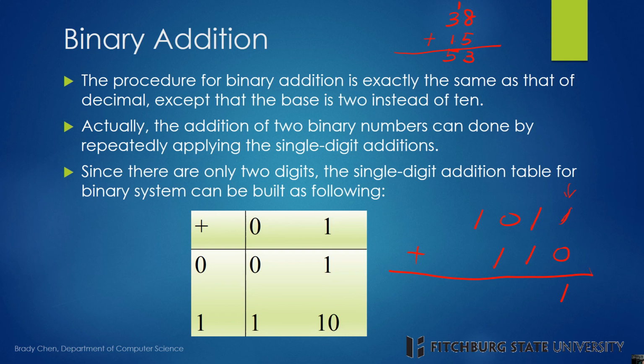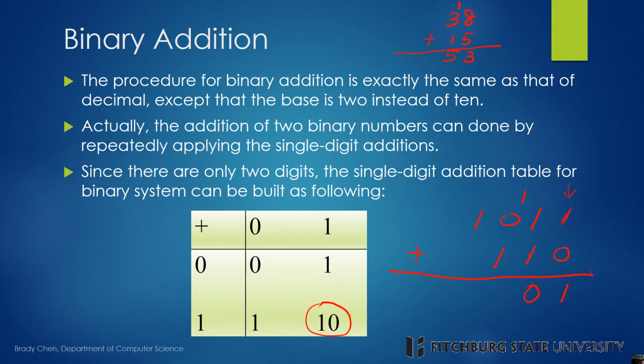Now here, 1 plus 1, so we got a 2, right? Based on binary addition, 1 plus 1 is 2, but the binary representation for 2 is 1, 0. So 1 plus 1, you get 0 in that position, and then we're going to carry a 1 to the next position.